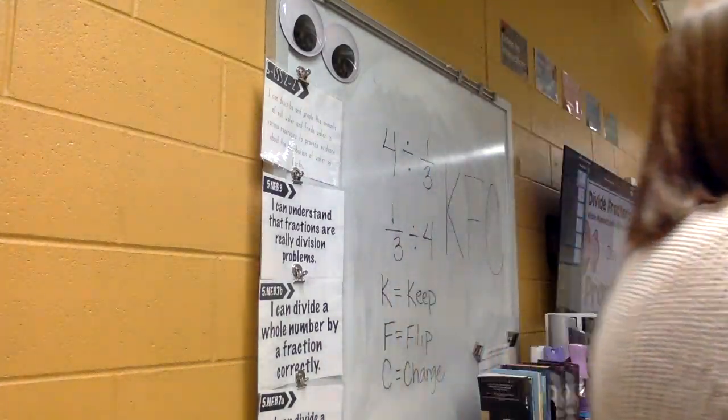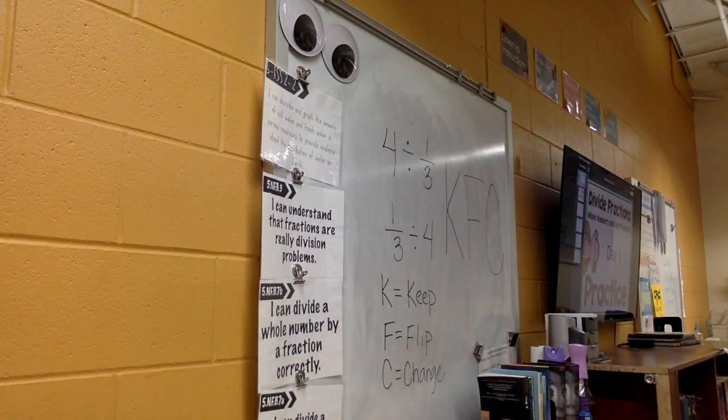So keep, flip, change. You do all 3 every time. So every time you see a division problem that has a fraction in it, you need to think, I have to KFC it. Keep, flip, change.